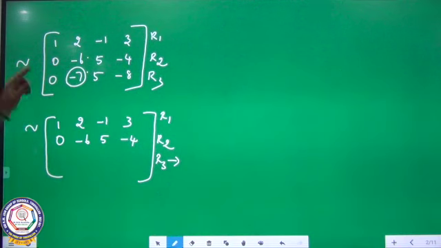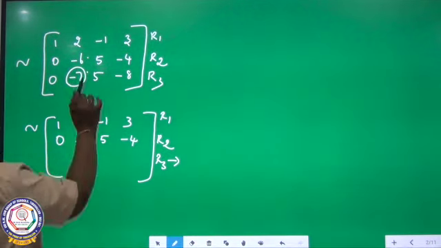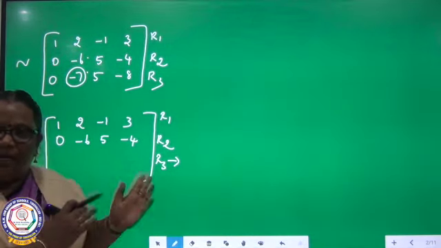If we multiply any number by R1, that 1 can be brought into R3, so there is no use making A31 zero. First you take R1 with R2, then R1 with R3, then move on to R2 and R3 alone. You don't go back to R1 because the first term A11 is 1.